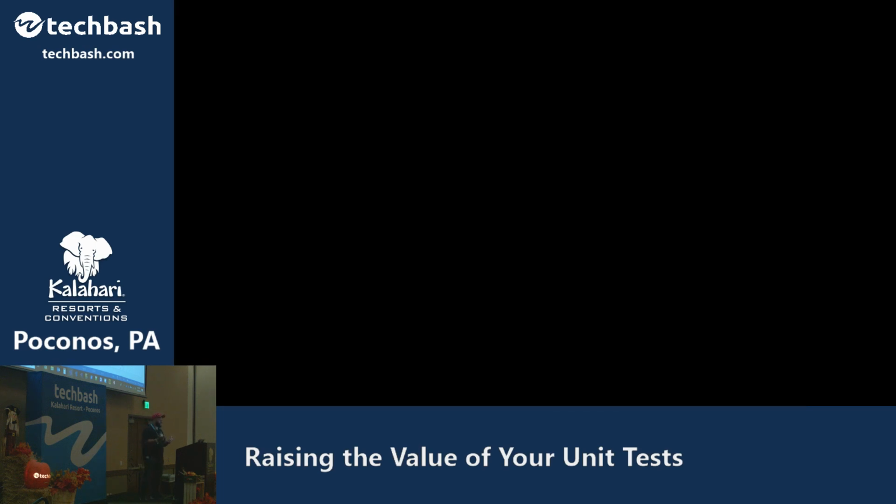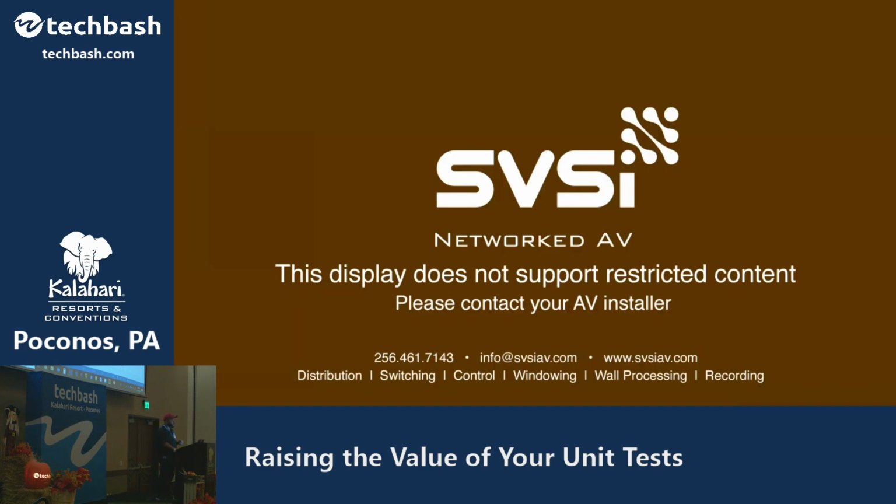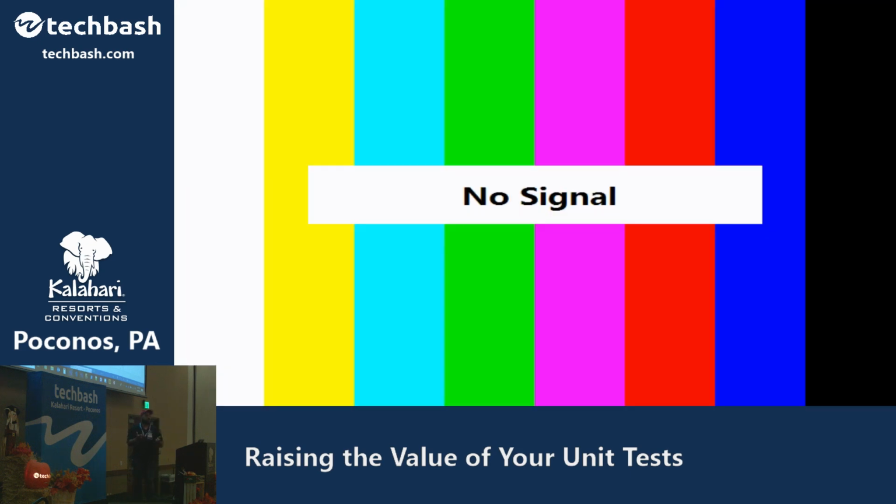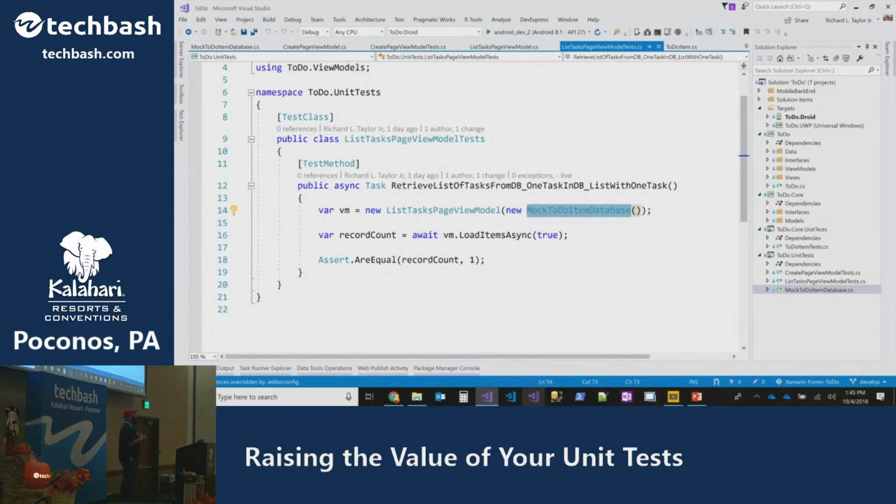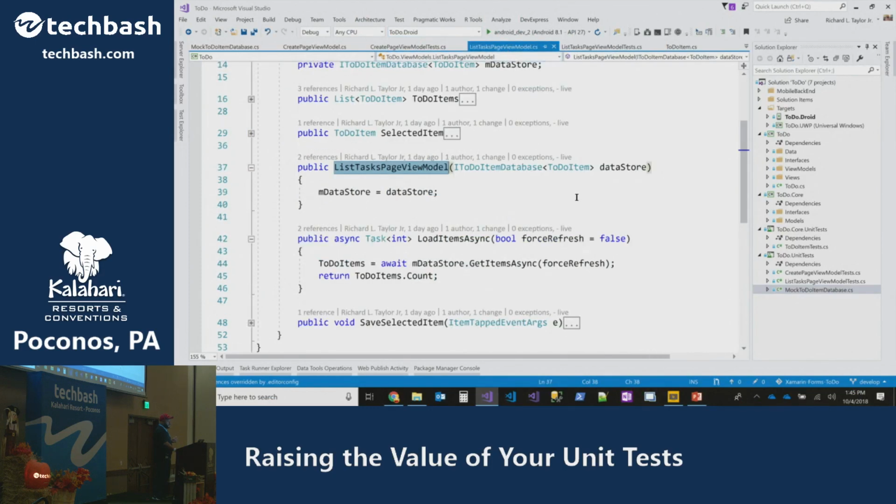Now I've made that deterministic in my test, because if we go back over to the test itself, you see I'm newing up the mock and passing it rather than the actual database. As we saw in the view model, it takes an object that implements I to-do item database, which is an interface.